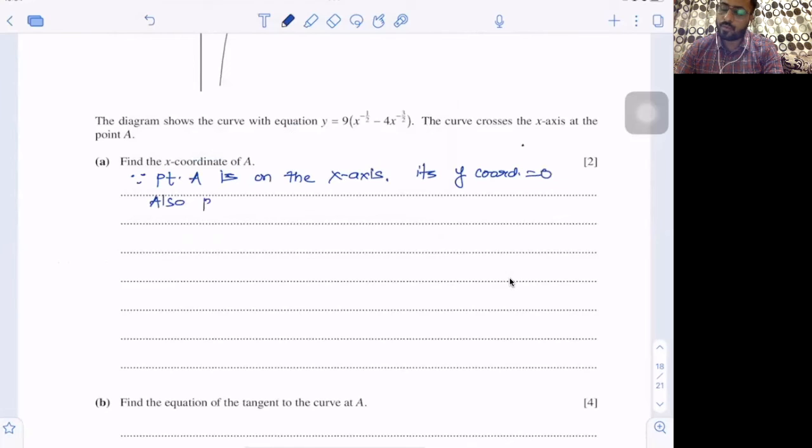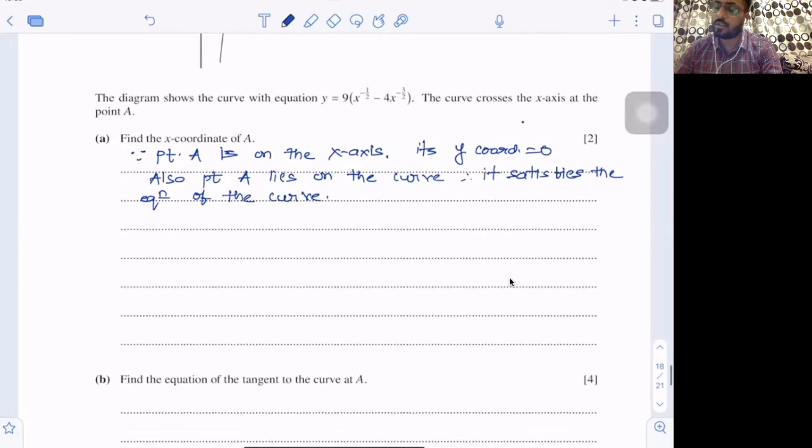Also, point A lies on the curve, therefore it satisfies the equation of the curve. So it's very simple. Just plug the value of y as 0 in the equation of the curve.